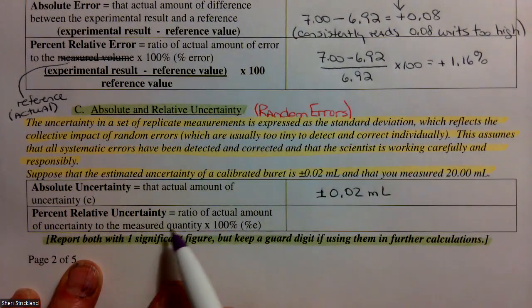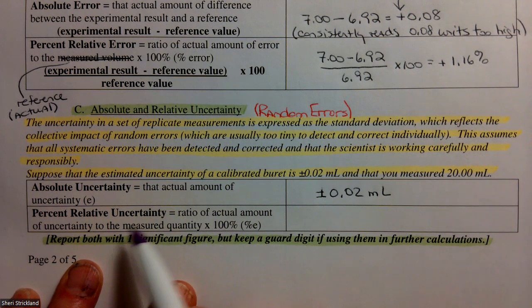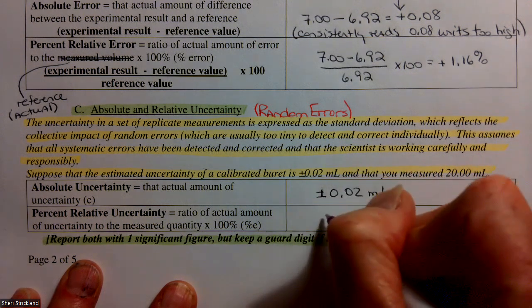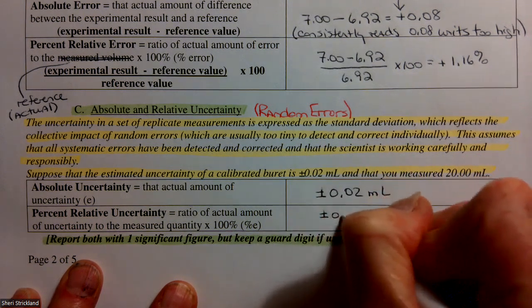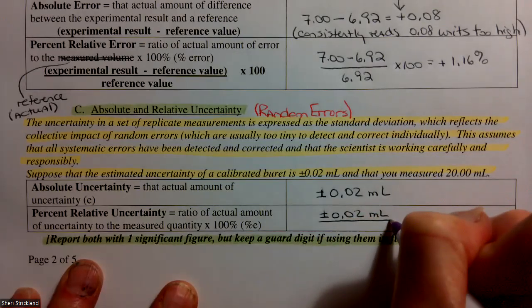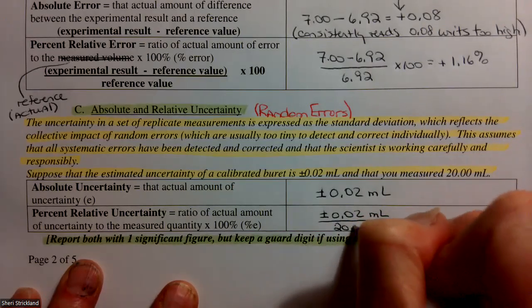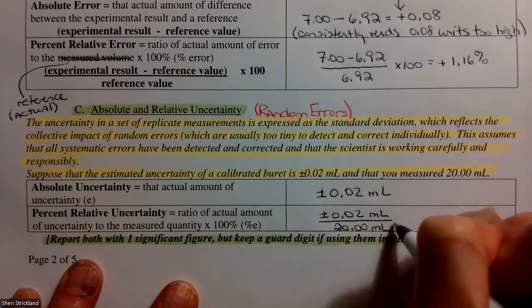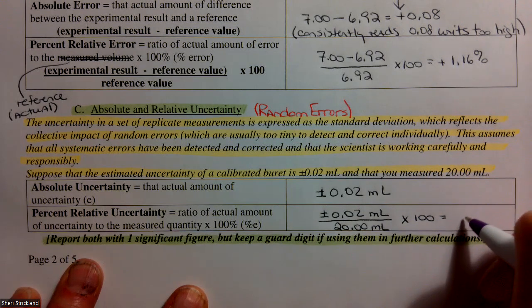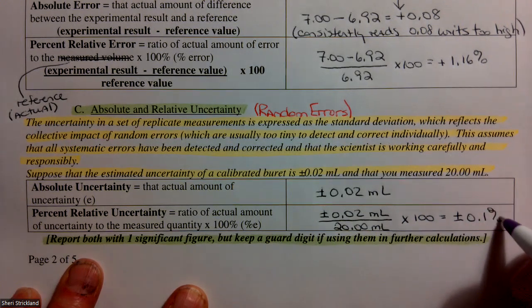And then the percent relative uncertainty is the ratio of the actual amount of uncertainty to the measured quantity. So that would be plus or minus 0.02 divided by the 20 milliliters times 100 is plus or minus 0.1%.